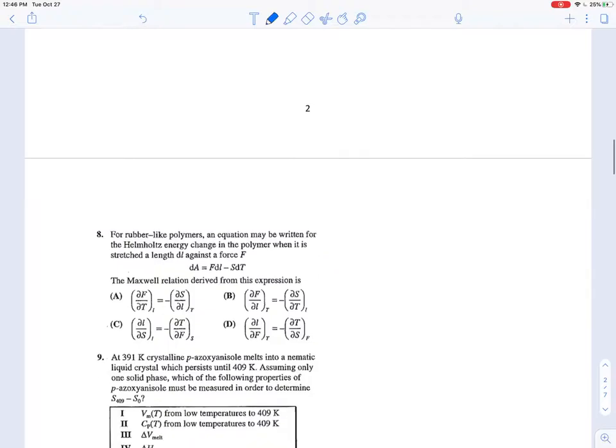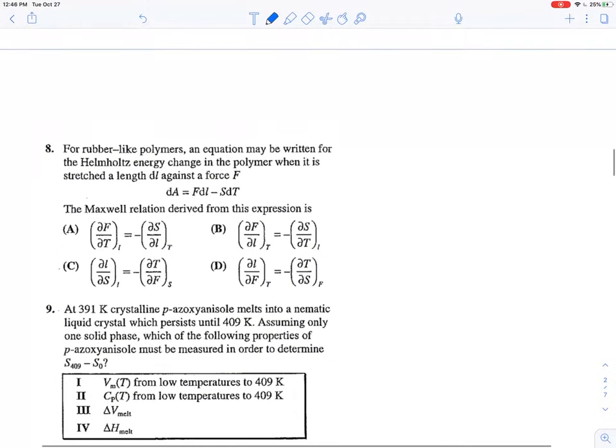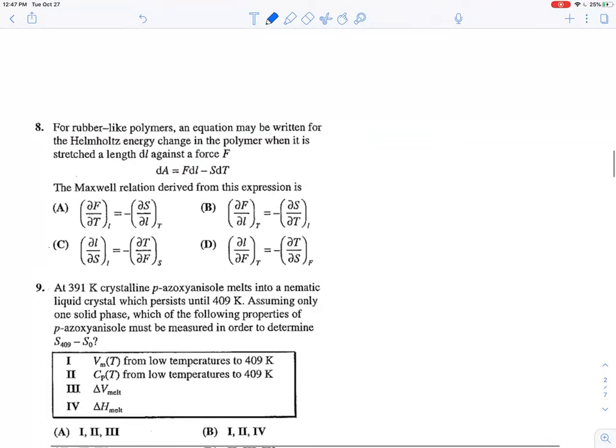Okay, so this is the one, number 8. Number 8 actually quite commonly shows up, and I didn't really clearly emphasize it in my exams or maybe in my lectures. Do you remember that?